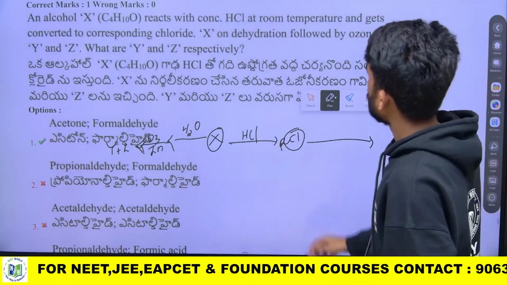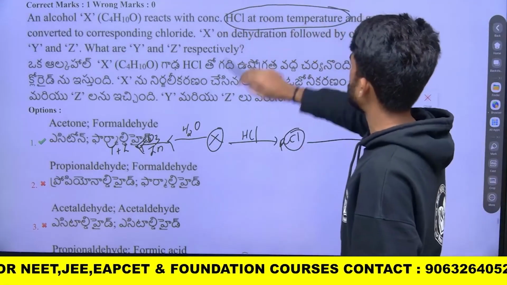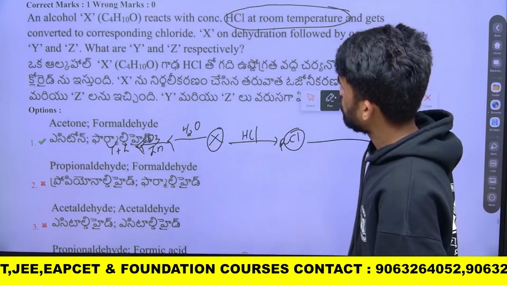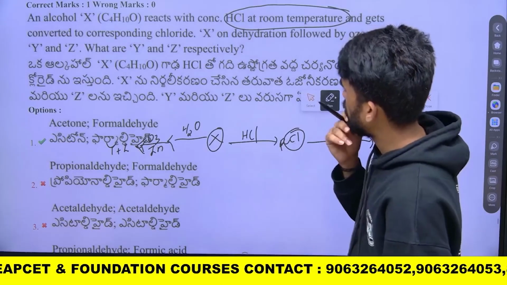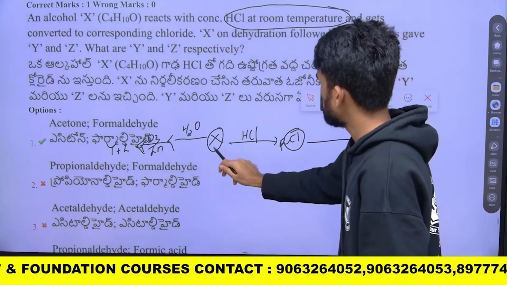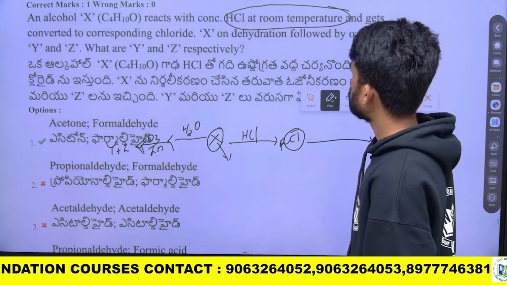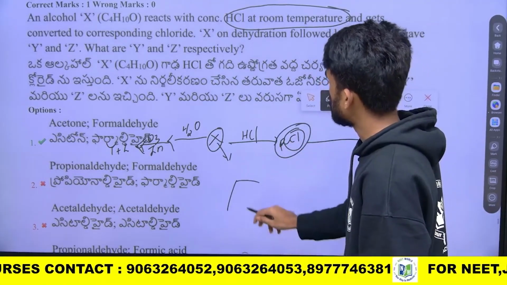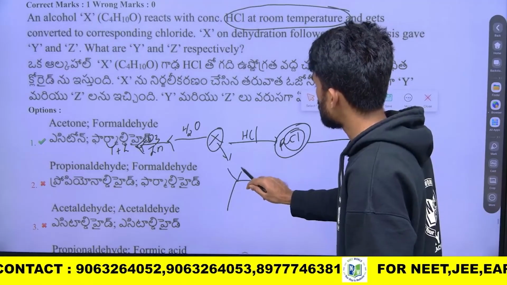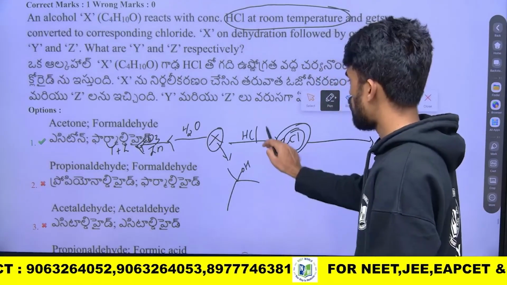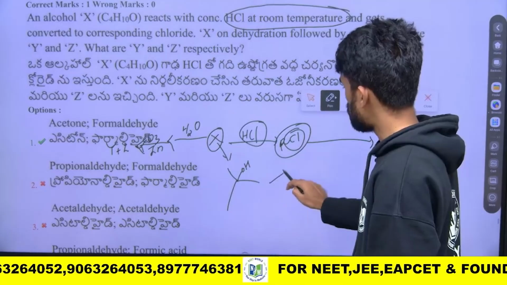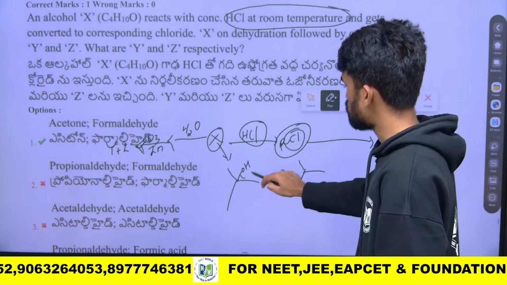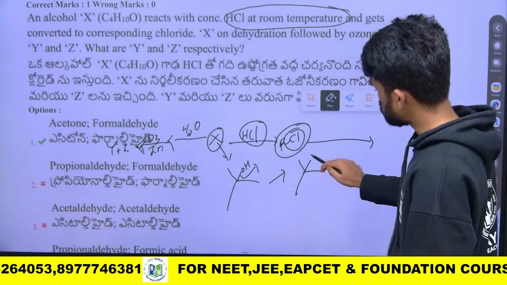Okay, so now the reaction is taking place at room temperature. So what are X, Y, Z that we need to find here? What are Y and Z? So we need to identify X first. So at room temperature, alcohol giving alkyl chloride means with how many carbons? 4 carbons. So I am taking a tertiary alcohol; upon treating with acid, remove this water molecule first and substitute chlorine here.